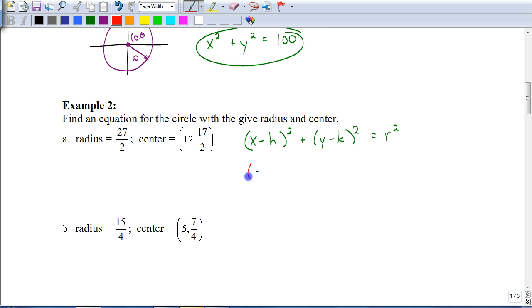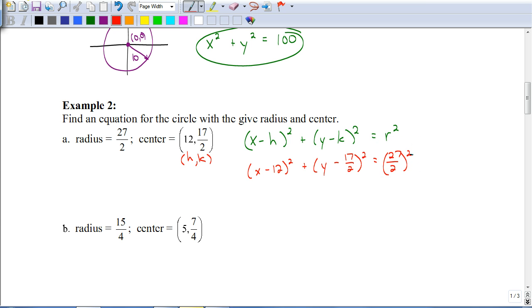So it's going to be x minus the h, which is 12, squared plus y minus your k, which is 17 halves, squared equals your radius, and our radius is 27 halves.